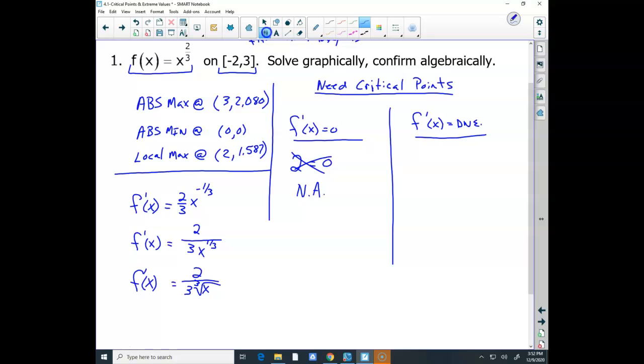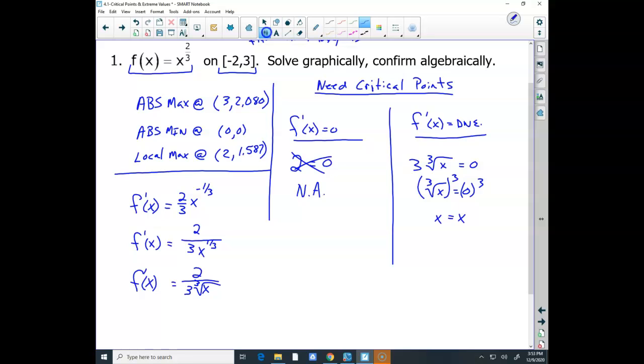And in the denominator, when it doesn't exist, that's when I take the denominator, 3 cubed root x, and ask when it equals 0. Oh, I have an x here, so I can do this. Most likely, I would just take the cubed root, but hopefully you don't have to divide by 3 to get 0, and you don't have to raise both sides to the third power to see x equals 0.